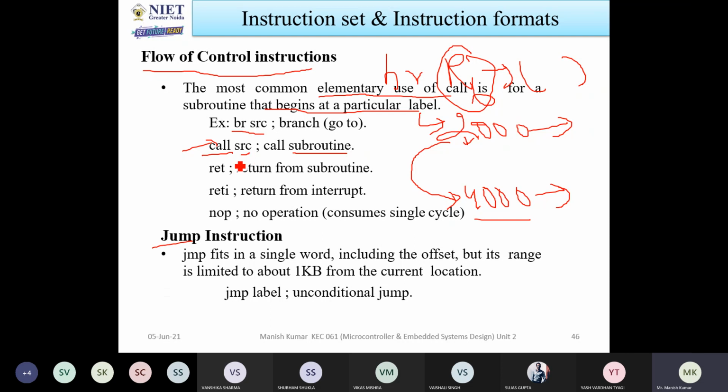For that purpose, whenever you are writing a subroutine, you have to write a return instruction at the end. Whenever you write a return instruction, it means it has to return from the subroutine to the main program.